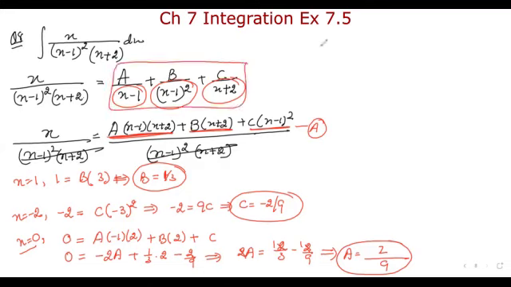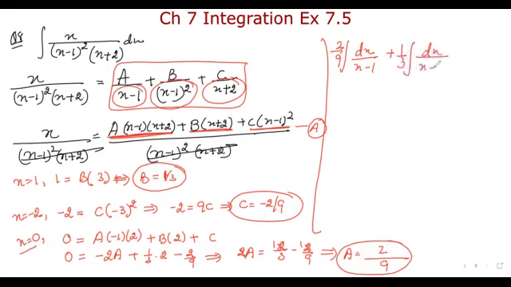So on integration, it will become 2/9 outside, integral dx upon x minus 1, plus 1/3 integral dx upon x minus 1 whole square, minus 2/9 integral dx upon x plus 2.